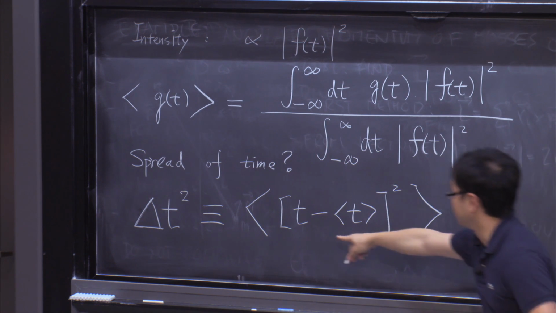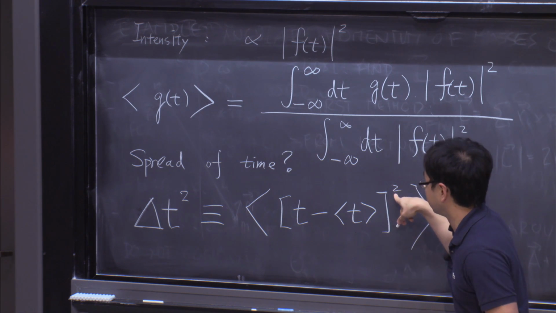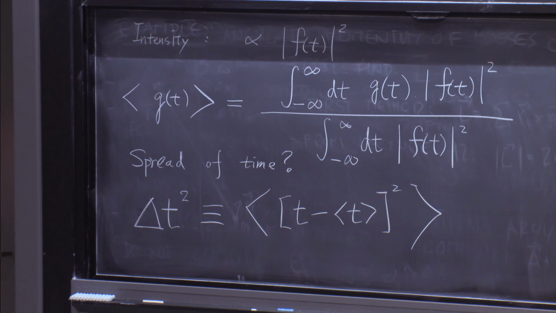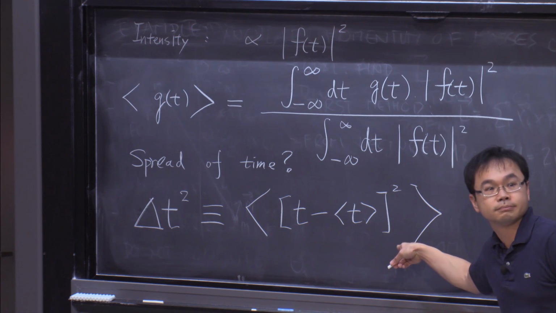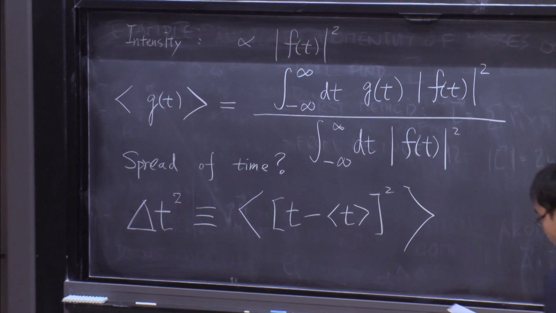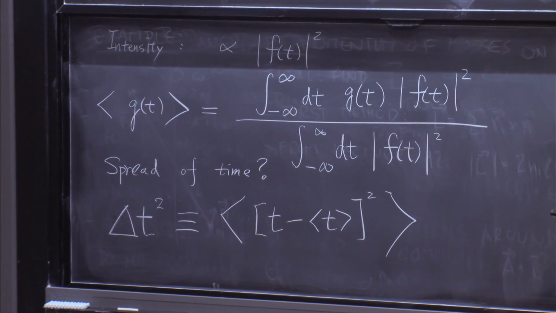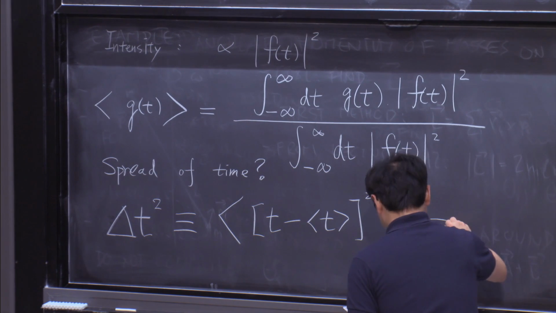So basically, you calculate the difference with respect to the mean value, square it, and then average again. Okay? Everybody is following? Any questions? So if I have this so-called standard deviation, or spread of time, definition here, then I can write it down explicitly.